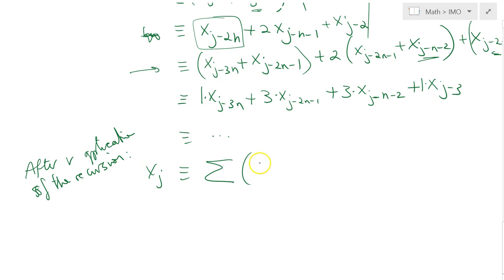After r steps, it is equal to the sum for i from 0 to r of r choose i times this crappy expression, x j minus r minus i n minus i, and please make sure you confirm this, in mod 2.